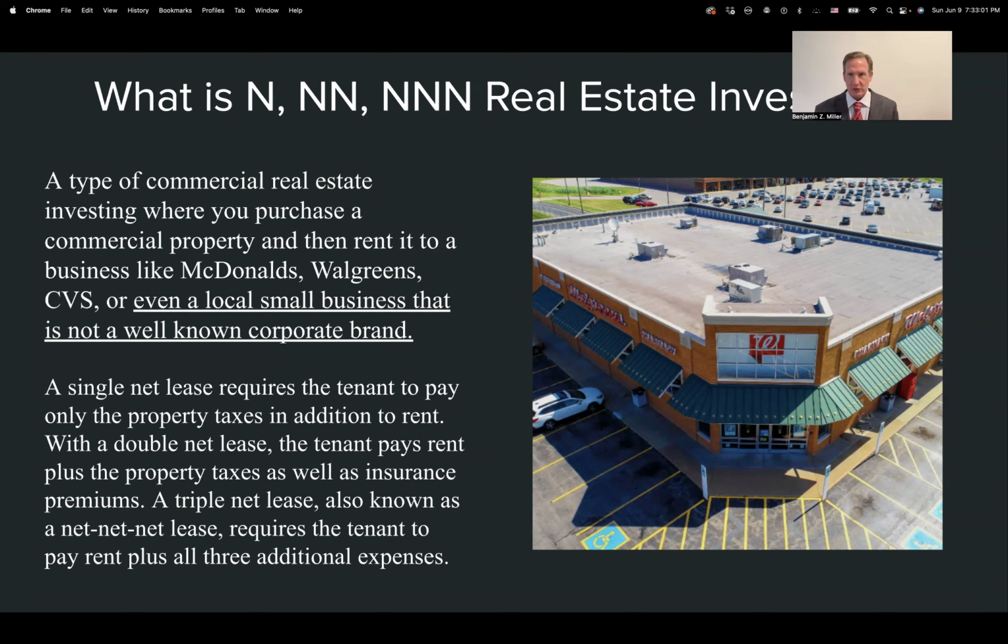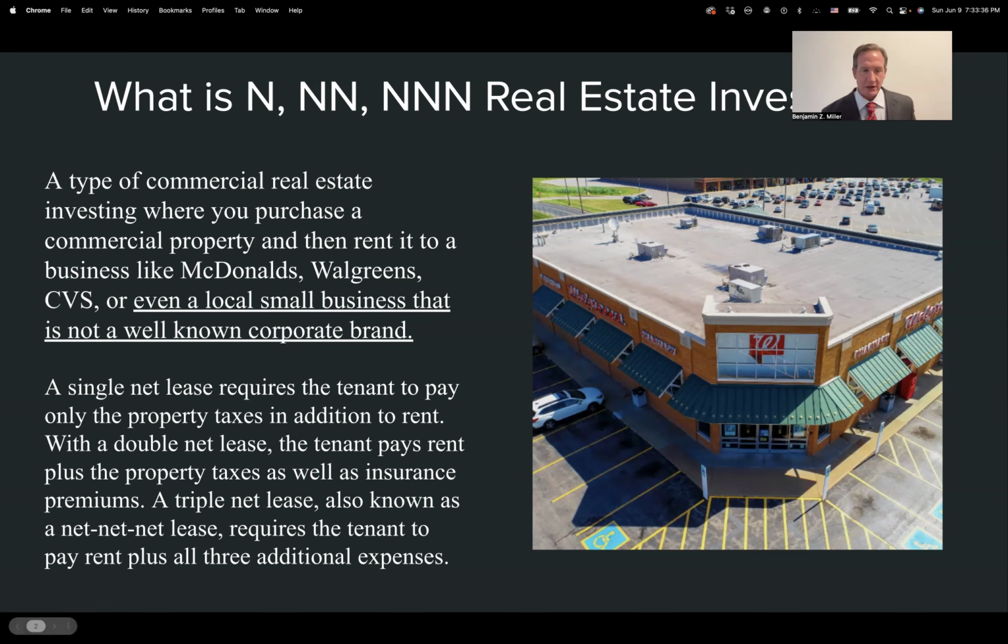Instead, they rent the building from a private landlord, someone like you or I. And the advantage is when you've got Walgreens or CVS as one of your tenants, they have a very good probability of paying the rent on time, unlike what you might have with a residential tenant where the income stream may be less dependable. If Walgreens or CVS signs a lease, it's highly, highly likely you're going to get paid on time. So there's different types of net leases, and there's all sorts of advantages to this sort of investing.